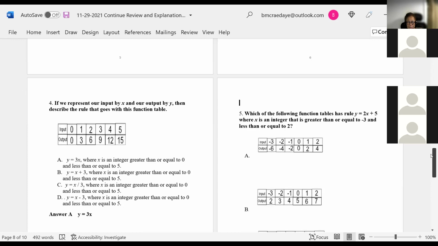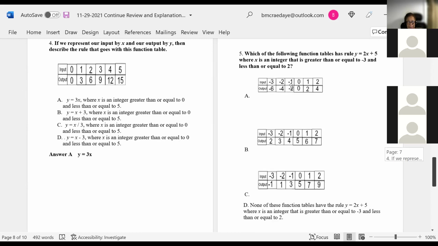Now, we want to know which of the following function tables has a rule Y, that's the output, equal 2X plus 5, where X is greater than or equal to minus 3 and less than or equal to 2. So they all follow that, right? But what about the output? Which one of them, if you multiply 2 times X and you add 5, gives what is in the output in the table?